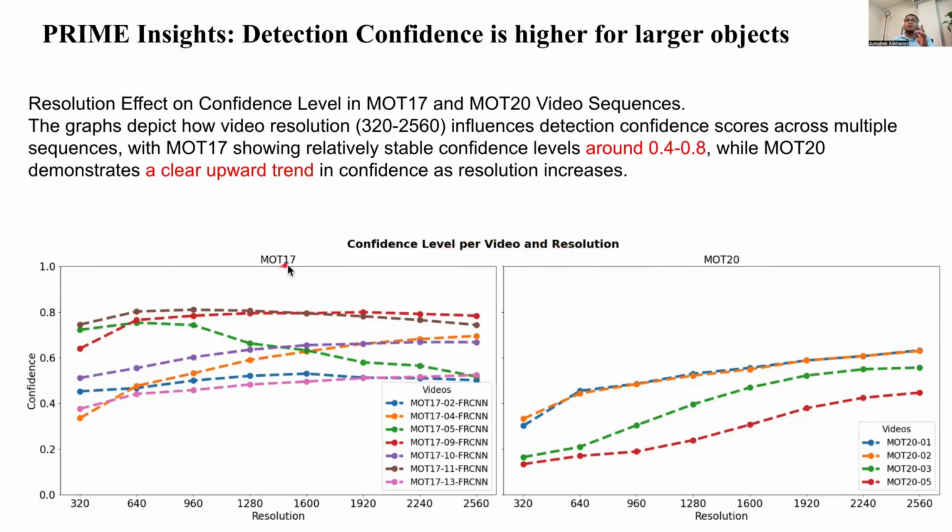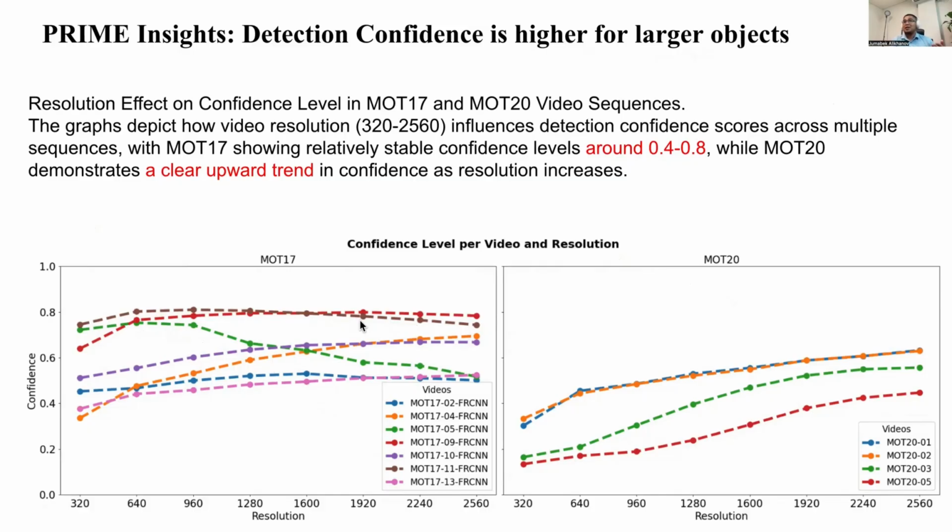But for MOT17, this is true for certain videos, right? That is maybe true for purple, this purple one. But for other videos, maybe not so true. Because MOT17 contains relatively larger scale objects. And those large scale objects are maybe close to what the detector is trained on, the COCO dataset.